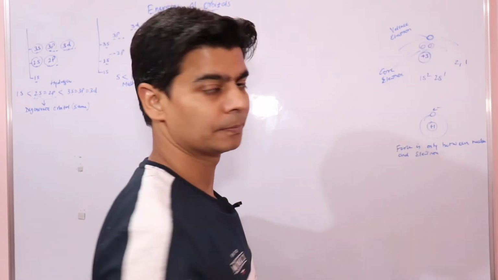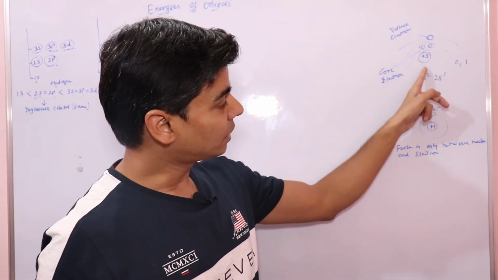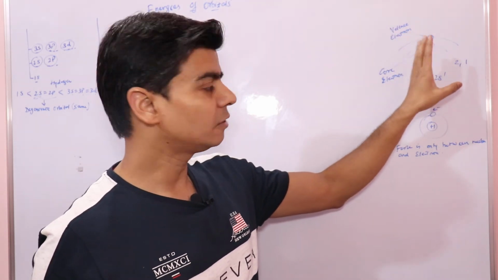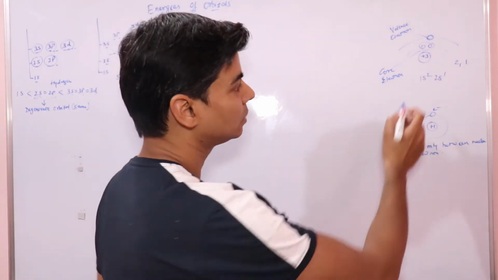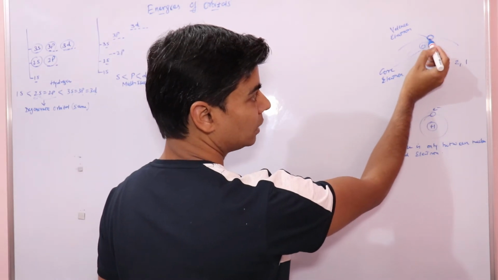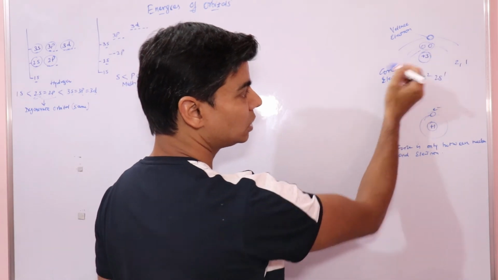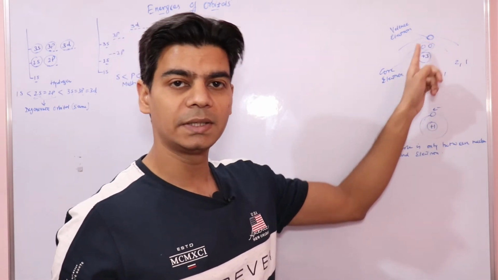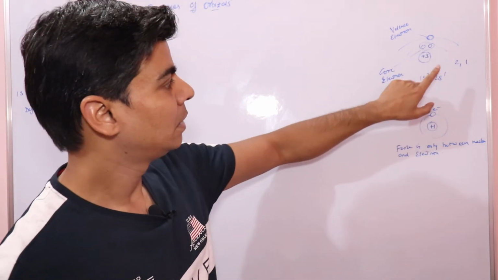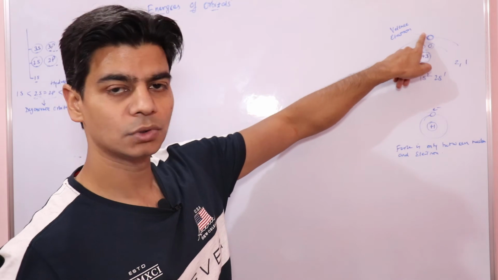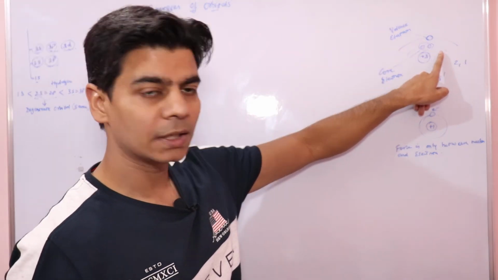Because there is an attraction between the outer electron and the nucleus, and a repulsion between the electrons in the first shell and the electron in the outermost shell, the effective force on the outermost electron due to the positive charge on the nucleus decreases.